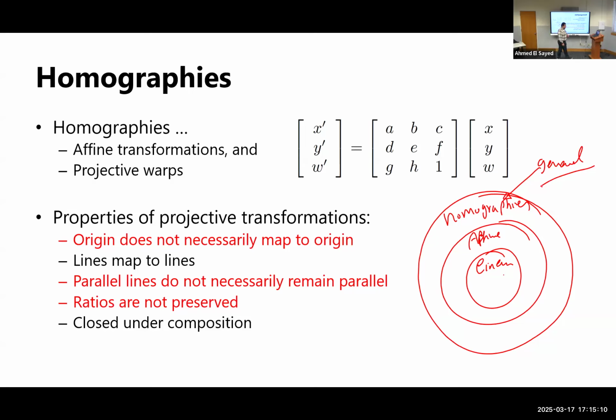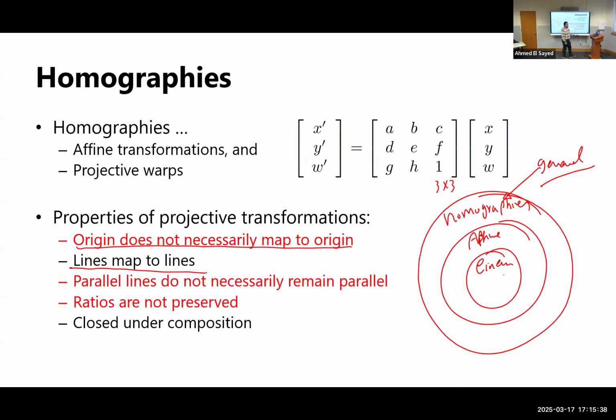Okay? The homographic transformation is a 3x3 matrix, not 2x2, and this one is not fixed. No, it can be variable. In this case, of course, origins may not stay in the same place. It can change.